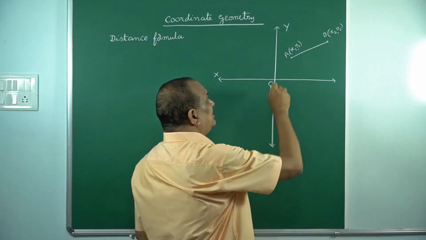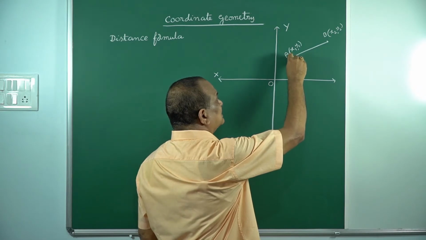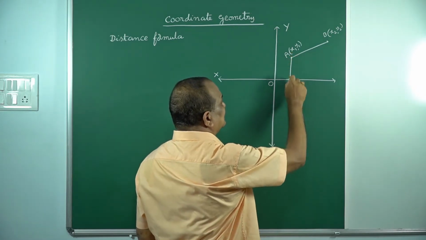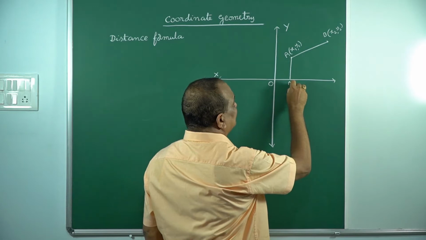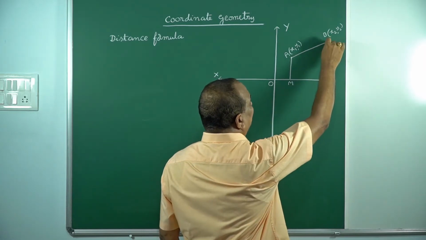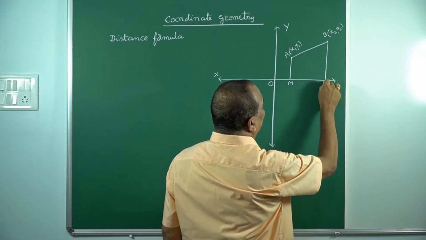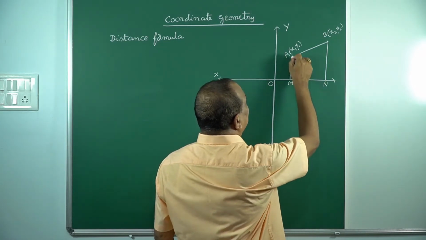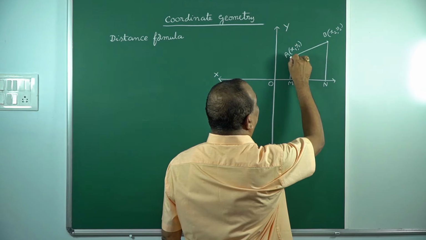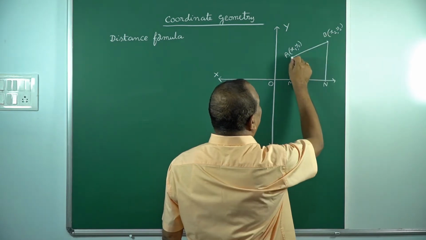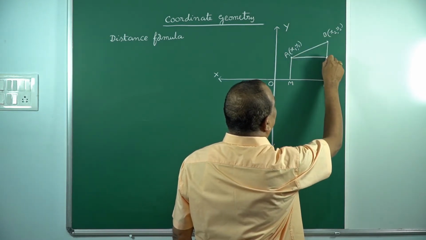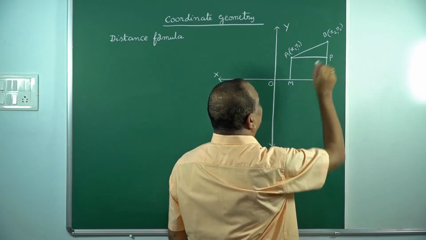For that, I draw perpendiculars onto the x-axis. Let me say this is M, and I draw a perpendicular from B onto the x-axis, and let the foot of the perpendicular be N. And also I draw a perpendicular from A to this BN, and let me say this is P.